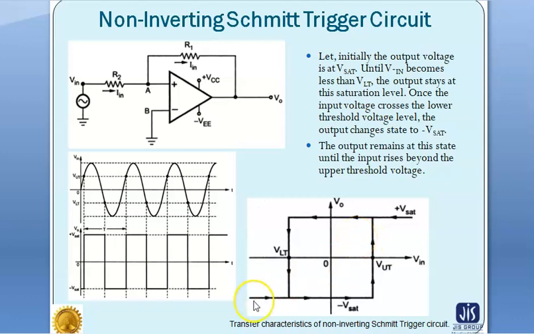Here when we increase the input voltage, after reaching the upper threshold point, the output changes from a low to a high value.